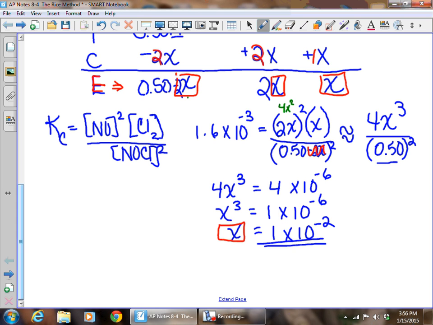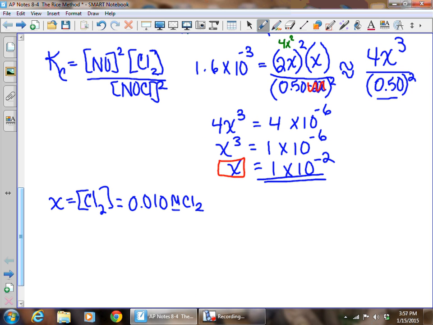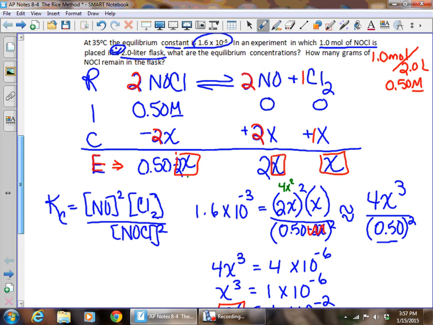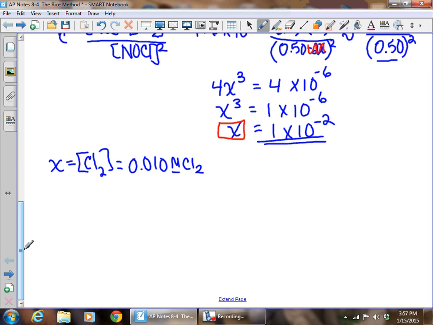I know that x is equal to the concentration of our Cl2. So that's going to be 0.010, I just wrote it in standard notation, molar Cl2. I know that our NO, if you remember up here, was 2x. Let's look back up there and remind ourselves, 2x right here. So 2x for our NO value.